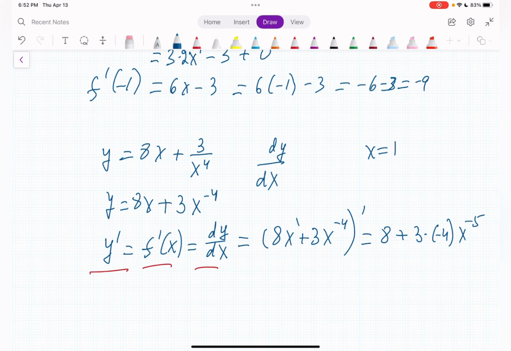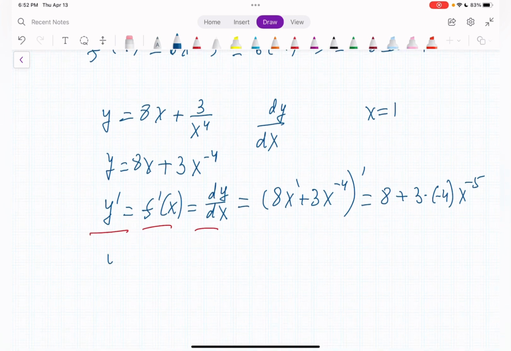Okay, so we are getting y prime is equal to 8 minus 12x to the negative 5, or I'm writing down 8 minus 12 over x to the positive 5.